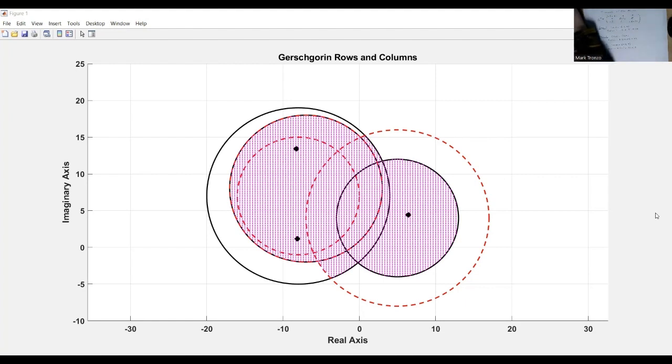Now, again, notice that the black circles are the original Gershgorin set for the original matrix, the dotted lines are the transpose, and these purple dots here represent the intersection of those two sets. Notice we saved some space here.